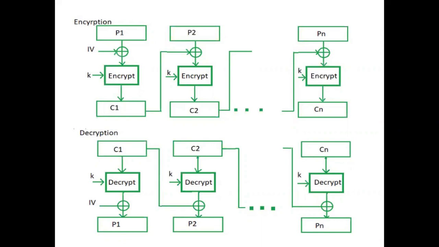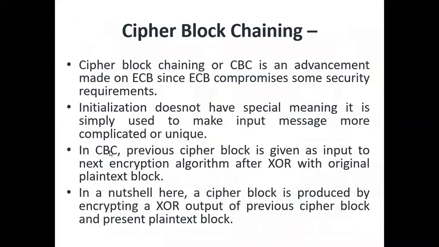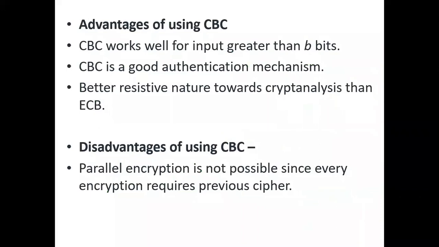From the next block onward, it takes the previous block's ciphertext, performs the XOR, and you get the plaintext of that block. It continues with all n blocks. The encryption and decryption process is done using the cipher block chaining mode.